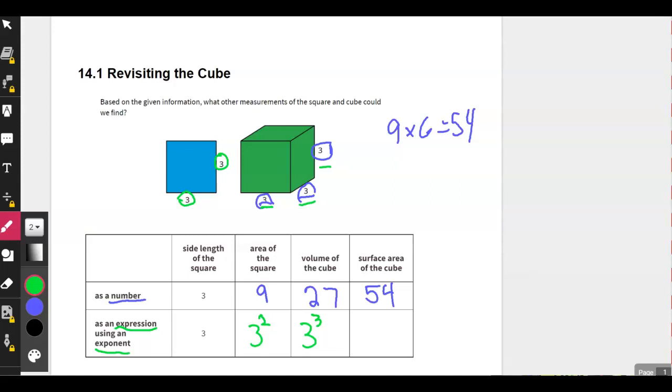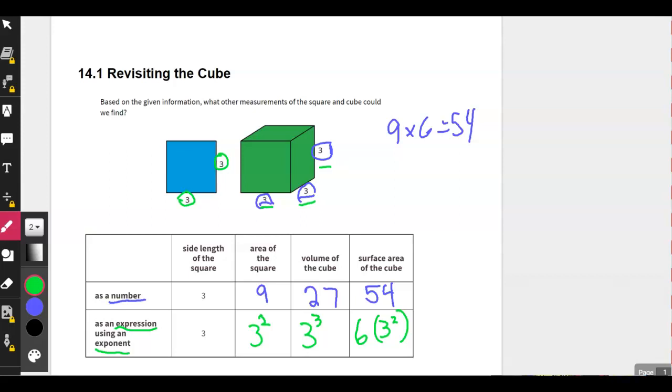So if we're writing this using an exponent, we would say 6 times 3 to the second power. This 3 to the second power is the area of one square or one side, and then we would multiply it times 6. Okay?